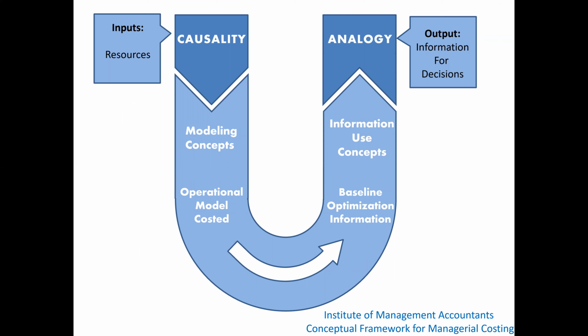Let's start with a simple diagram. This is from the IMA's conceptual framework for managerial costing. And RCA follows that conceptual framework. RCA is based fundamentally on two principles: causality for modeling and analogy for information use. We start with understanding the output of the organizations based on the organization's strategy and strategic decision-making.